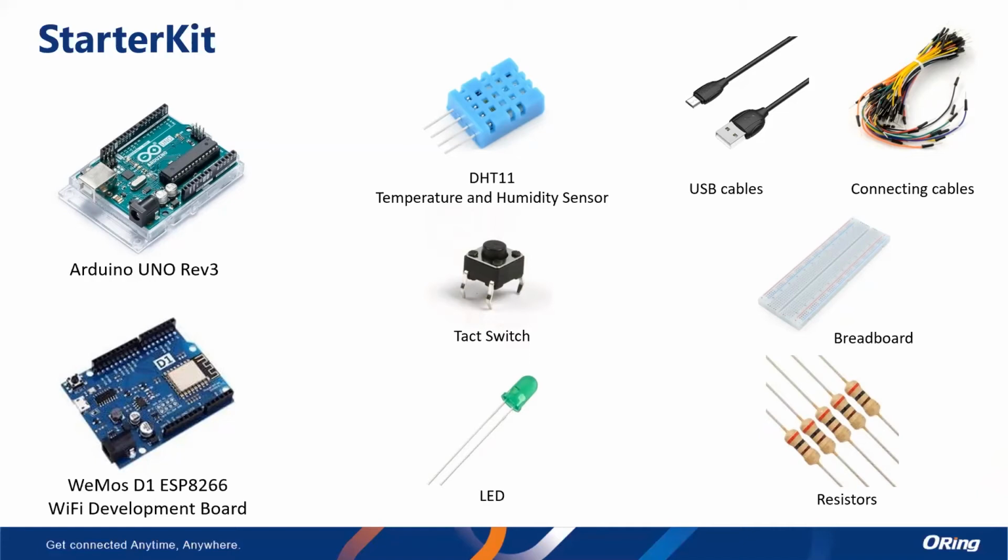For the demo purposes, I want to show you some simple basic functionality of a temperature and humidity sensor, tact switch, and LED. And of course, I have some additional accessories like USB cables, connecting cables, breadboard, and resistors.